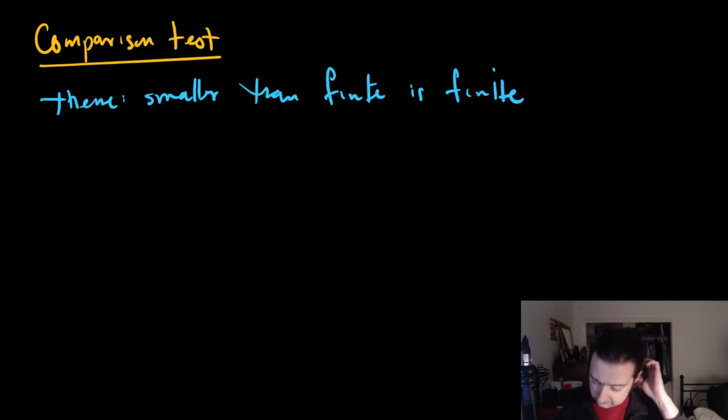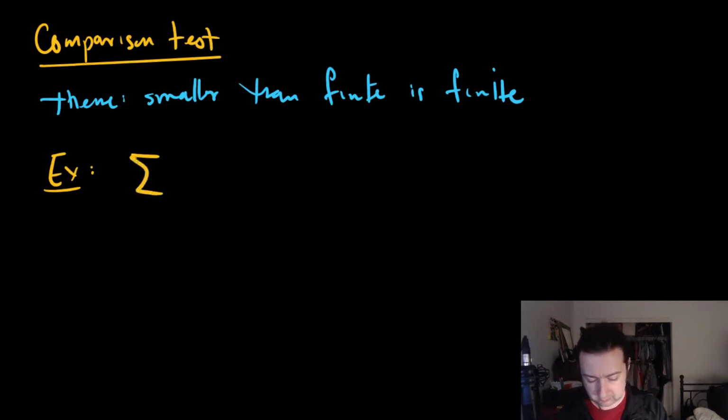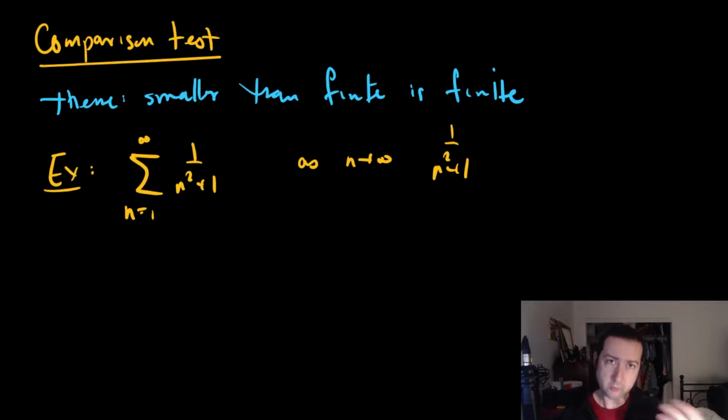So as an illustration, consider the series 1 over n squared plus 1. We should suspect this is a convergent series because as n gets large, 1 over n squared plus 1 starts to look more and more like 1 over n squared, because the lower order terms in the denominator just don't matter anymore.